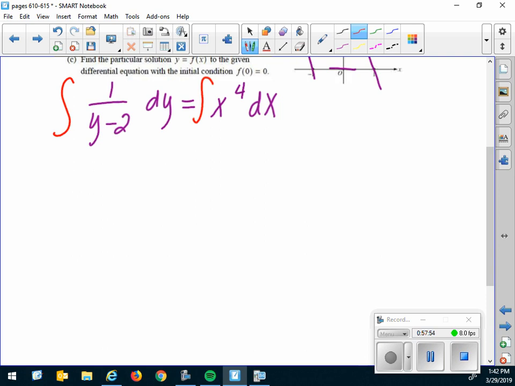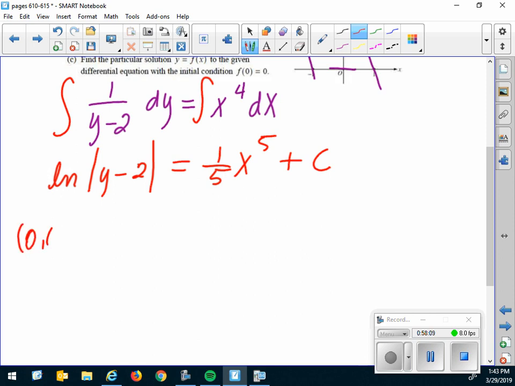Okay, that's going to be our initial condition is 0, 0. So it gives me the natural log of 2 equals C. Why do I feel like we've done this problem already?